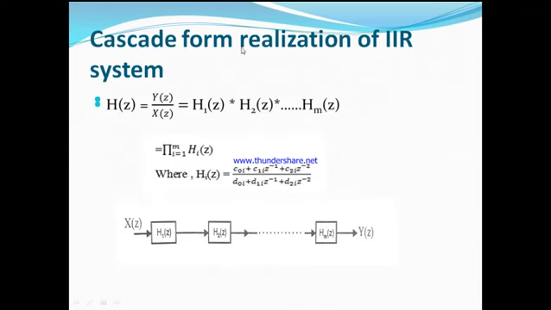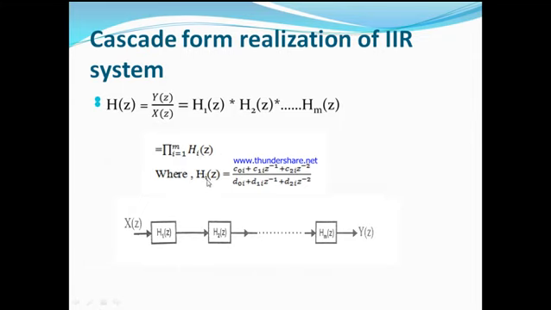Next, cascade form realization of the IIR system. H of z equals Y of z divided by X of z. We can write H1 of z, H2 of z, up to Hm of z, so you get the product for i equal to 1 to m of Hi of z.